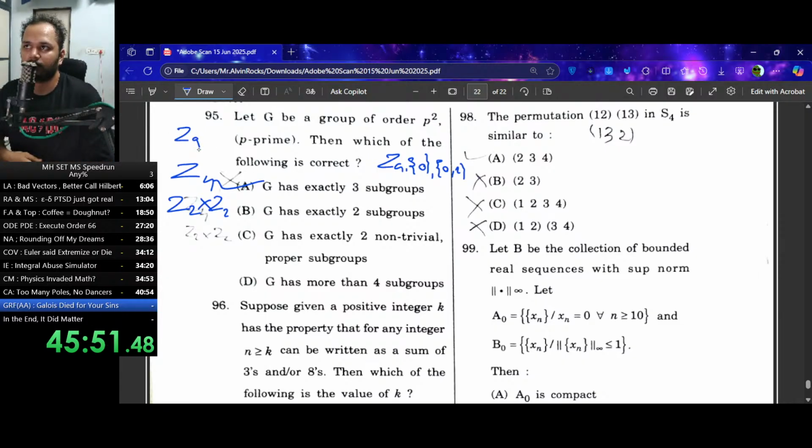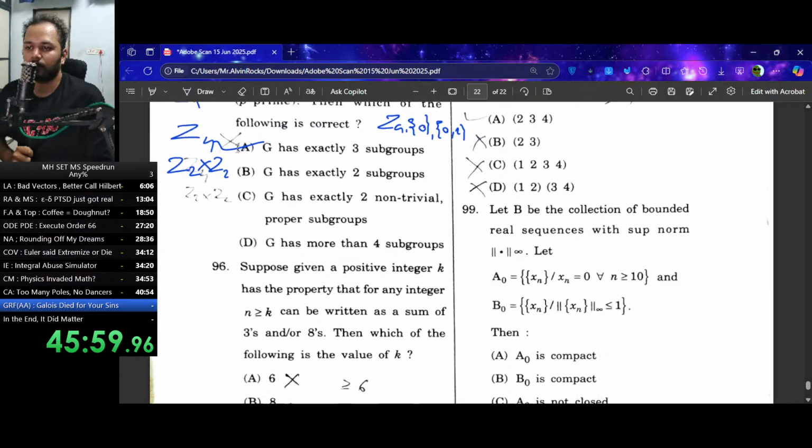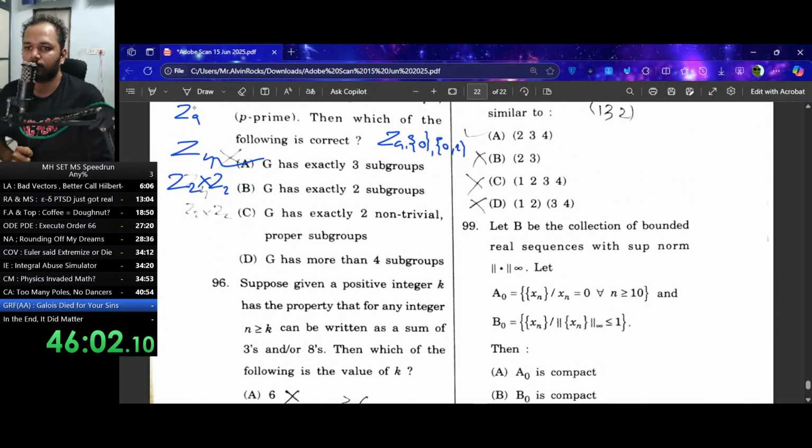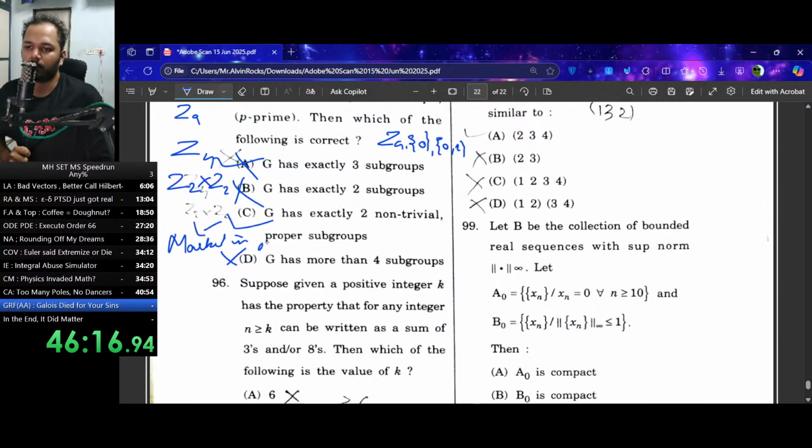Z9 has far more elements, so maybe that is the case. So that is actually not correct, probably because more cases can be there. But exactly trivial was marked in OMR.